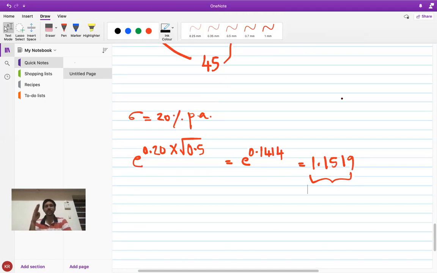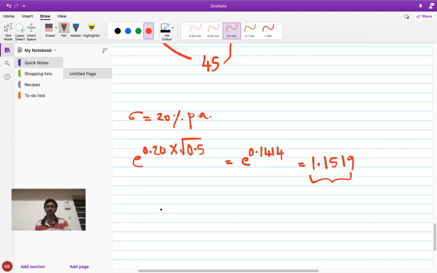There you just multiplied by square root of 0.5 and got 14.14 percentage. But e over here makes you do it on a continuous basis, and what you get is 1 plus the return itself, so the return is 15.19 percentage plus your original principal of 1.